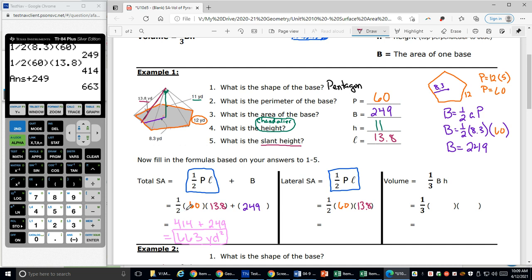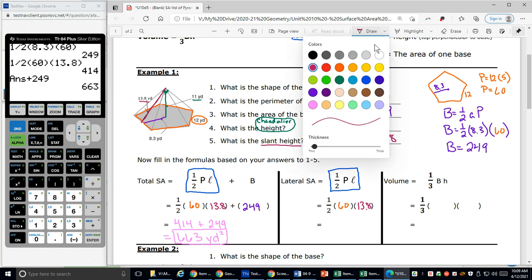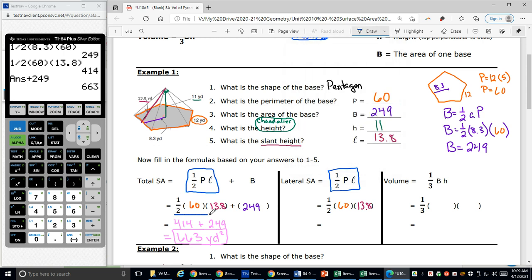We did that over here, 1/2 of 60 times 13.8, and we said when we do that, we get 414. No need to do it again. And again, this is an area. It's a lateral surface area. So my units here are yards squared.